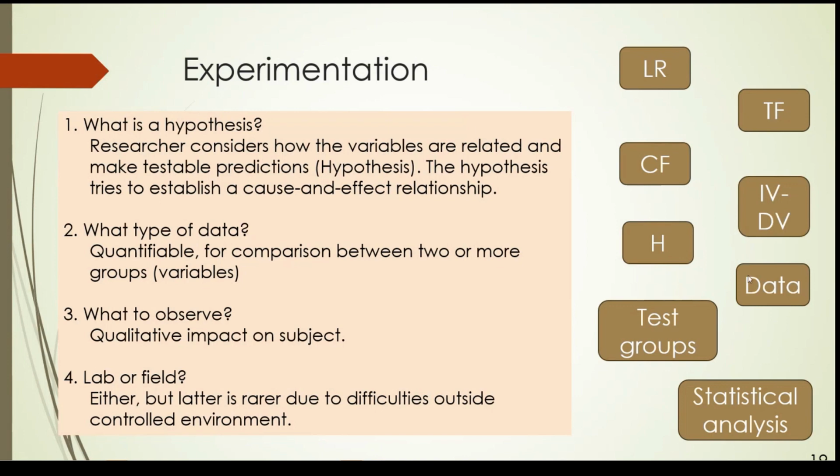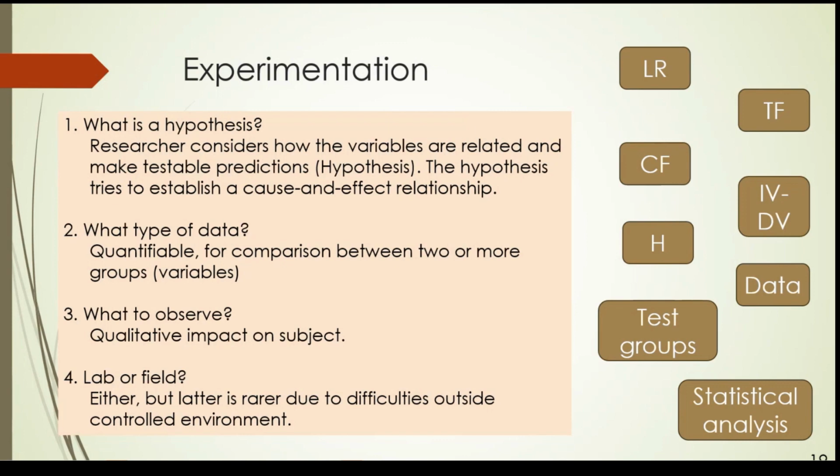Okay? So the data that you have collected, you have to organize it in different task groups because you want to establish the cause and effect. So you run the experiment and you collect the data in a way that you can prove or disprove your null hypothesis. So in statistical analysis, you are trying to relate quantity with quality.